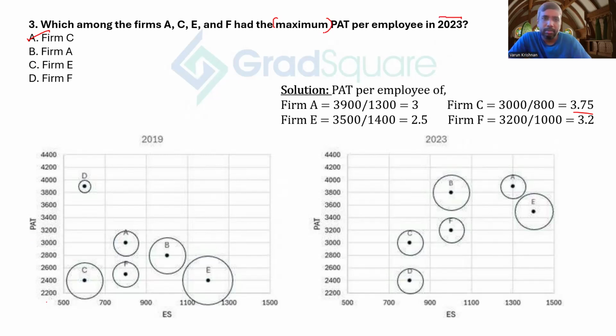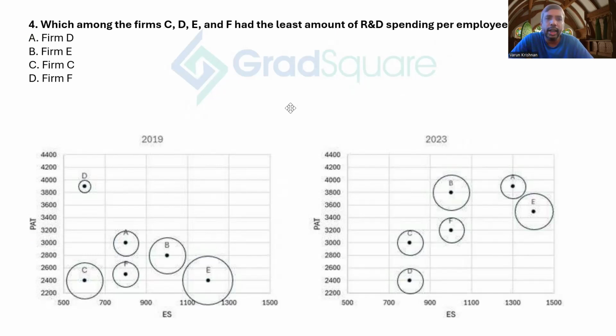The last question is also pretty simple. It's not that complex. Question number 4 says, which among the firms C, D, E, and F had the least amount of R&D spend per employee in 2023? In question number 2 itself, we had discussed how to find out the proportionality of R&D spend.